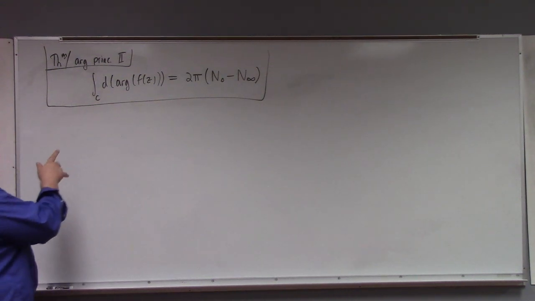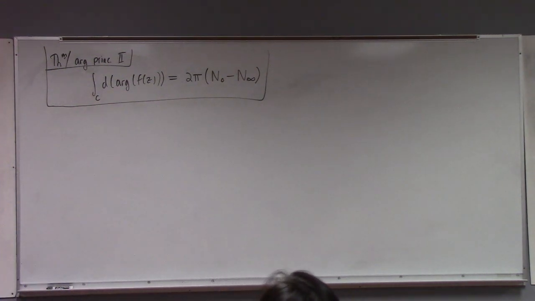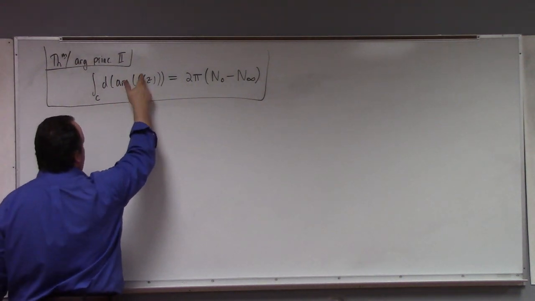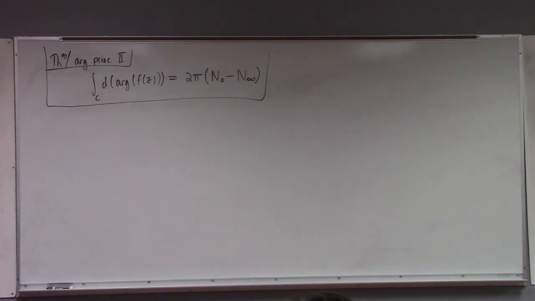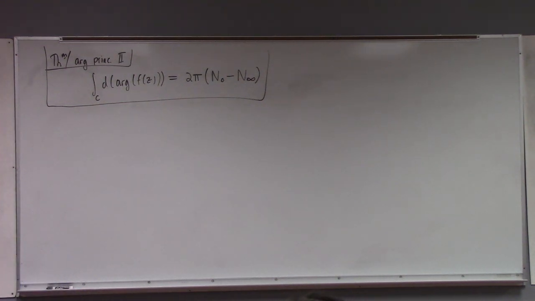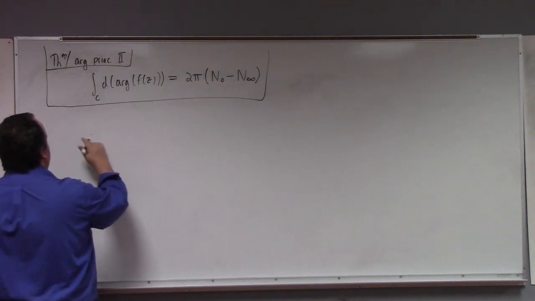So what this is saying is that if we add up the change in the argument of f of z, it counts the number of zeros minus the number of poles for the function within the curve. Let me just make up an example. This probably will go badly, but let's see.